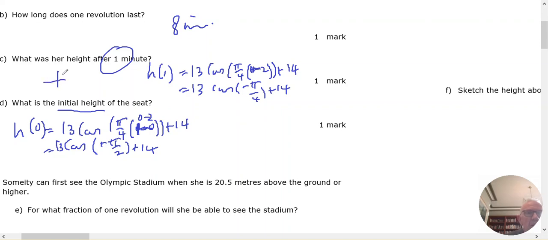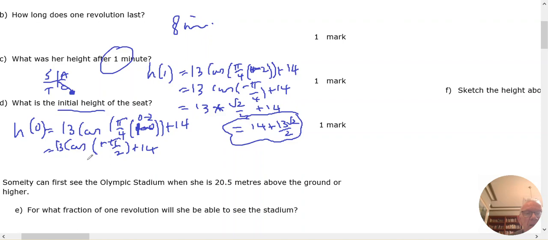So, looking at the top one, all stations to Coolaroo, cos is going to be negative in the, that's down here, so cos will be positive, and it's going to equal 13 times root 2 on 2 plus 14, so 14 plus 13 root 2 on 2 should be the height after 1 minute.